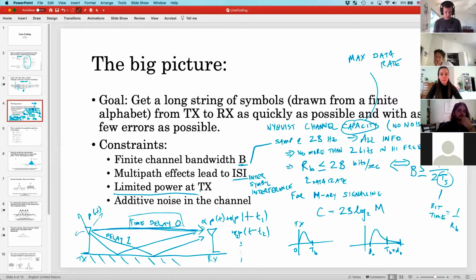And then, of course, we've also talked a little bit about noise in the channel. So these are the four main constraints that we have when deciding how to turn bits into pulses. You can see that I've already started to make some assumptions here by drawing a pulse in this shape. It didn't have to be that shape. In fact, that's the whole point of this module: why that shape? Why not other shapes? Questions about this so far?